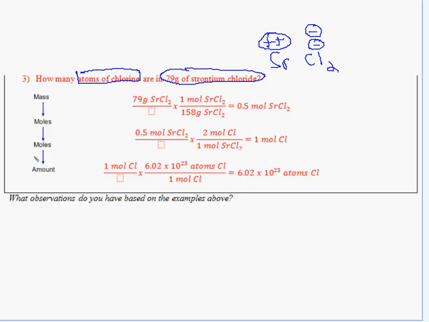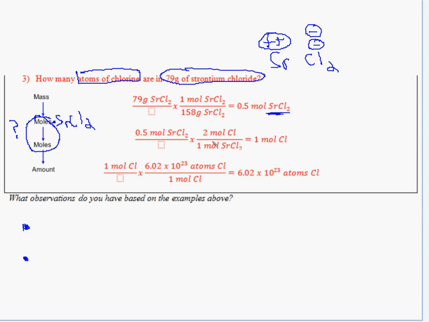What I'm noticing right here is they have 2 moles. I wonder why. That might become an observation that we need to talk about. So let's see if we can figure this out. 79 grams, we go to moles. So this is moles of strontium chloride, 0.5 moles SrCl2.